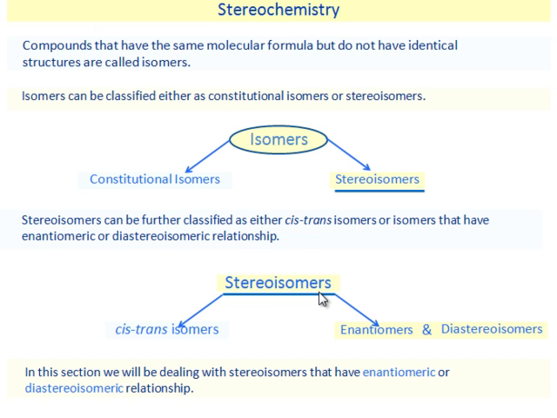Stereoisomers can be further classified as either cis-trans isomers or isomers that have enantiomeric or diastereoisomeric relationship. In this section, we will be dealing with stereoisomers that have enantiomeric or diastereoisomeric relationship.